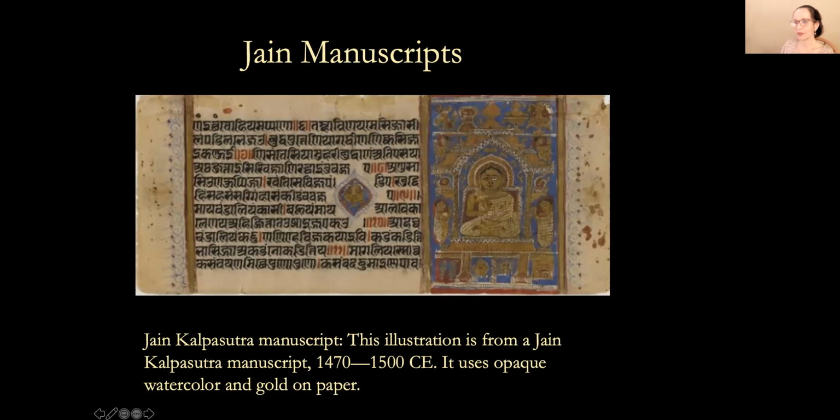The story is an important foundational story, but it's also one that is similar in its structure to other stories about previous jinas, the 23 preceding jinas that came before Mahavira. And so there's a rich tradition of manuscript painting, illustration, and transcription of the sacred stories of the jina. And this forms a significant part of the body of Jainist texts.